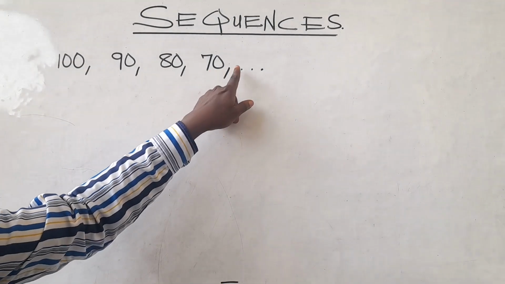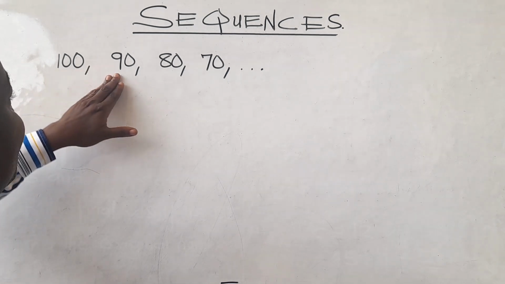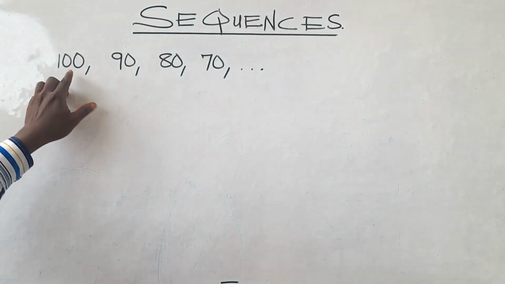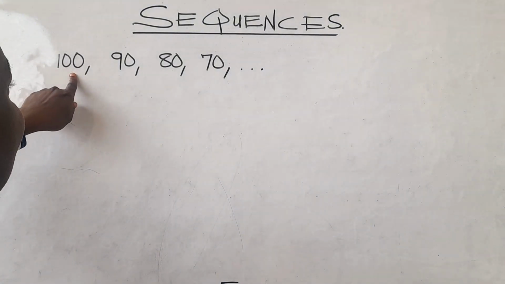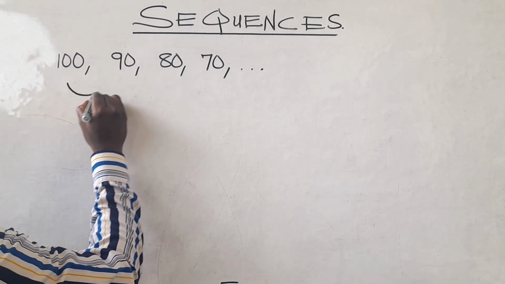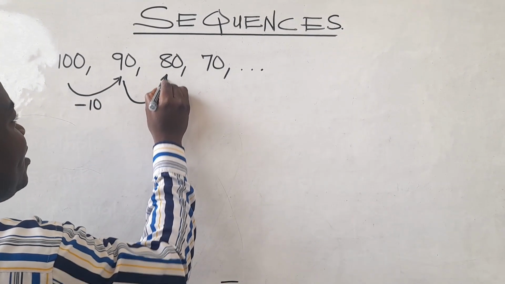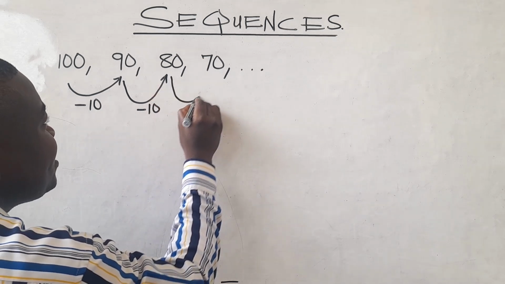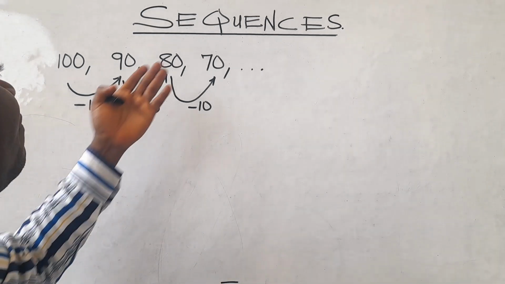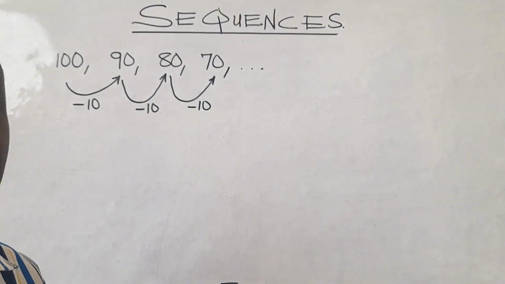If I ask what the next number will be, looking at the steps from the previous to the next, you notice there's a subtraction of 10. From 100 to 90, we removed 10. 90 to 80, we also removed 10. 80 to 70, we removed 10. So if you subtract 10 from 70, you have 60 as the next term.